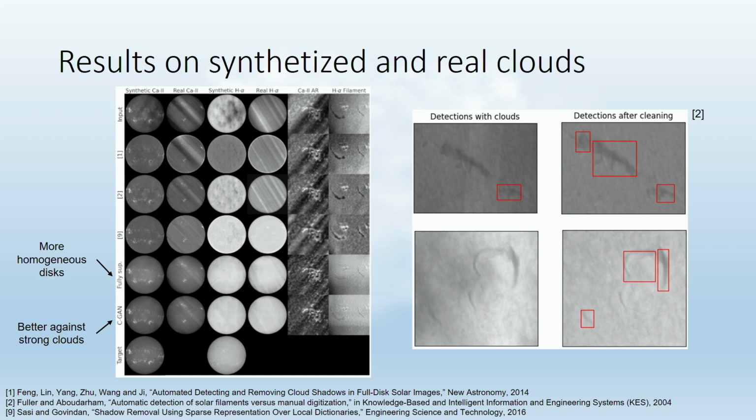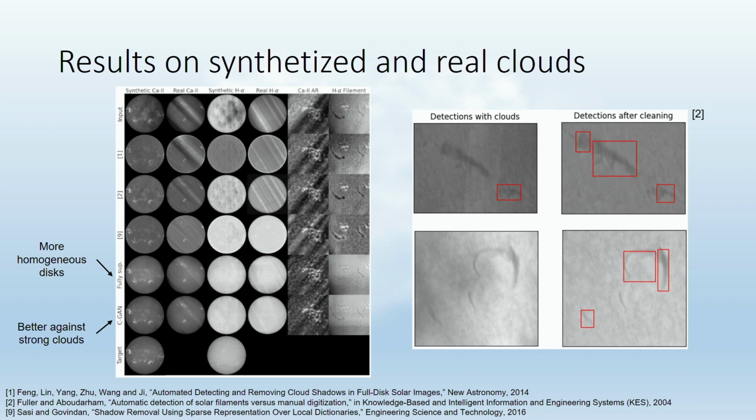Here we have been training on clouds that look very fluffy, and for these initial data sets, many clouds have this streaky texture because these images are from Paris Meudon Observatory, where the image is scanned by a moving slit, which makes the cloud appear like a vertical line or diagonal line. So even though the texture of the cloud is different, we still find that our two neural networks are fairly good at removing the clouds.